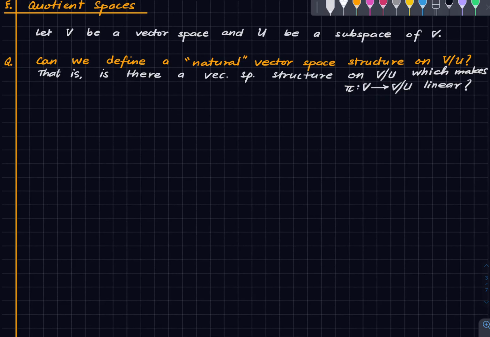So first, notationally, we will replace this with that, V bar, and define addition and scaling on V bar as follows. The addition is defined as: we have two cosets, we add them representative wise, and scaling, here F is the base field, scaling is defined also representative wise.